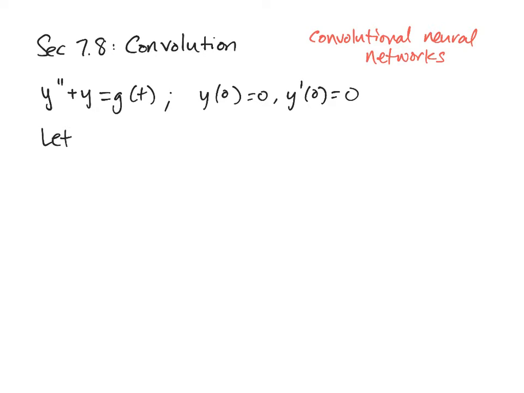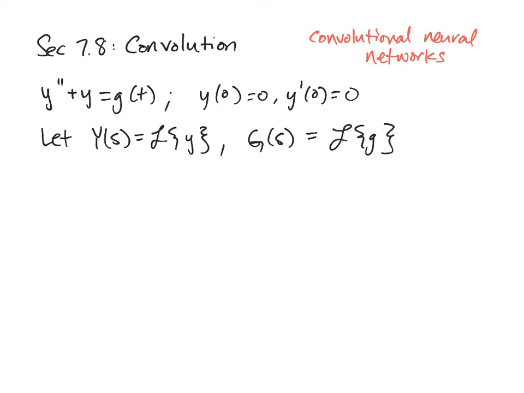And so the way that we solve this with a Laplace transform is to let big Y be the Laplace transform of little y, and then big G can be the Laplace transform of little g.